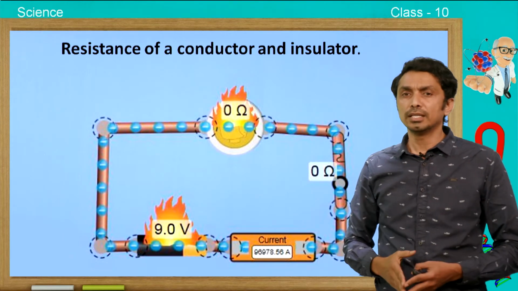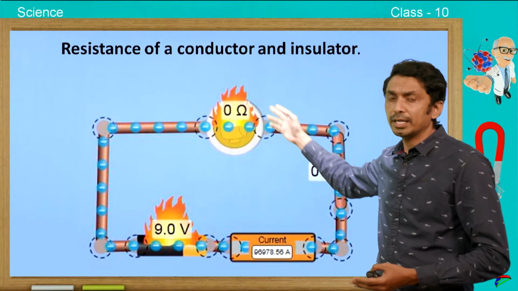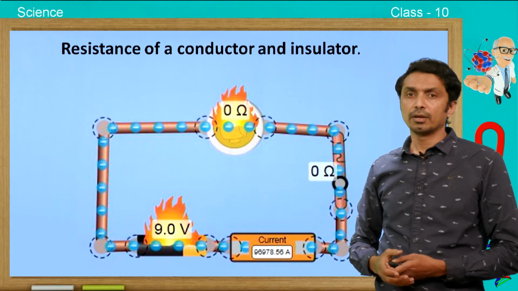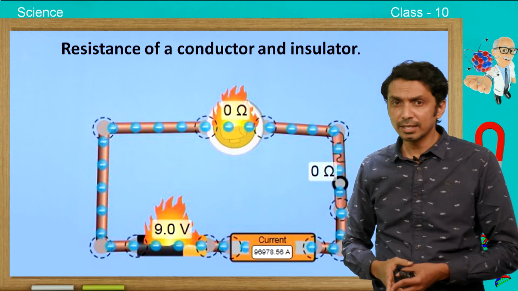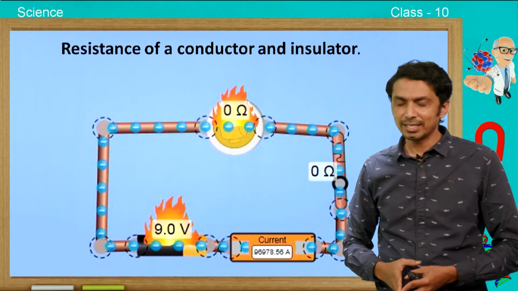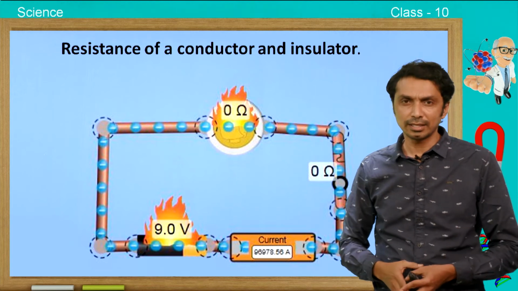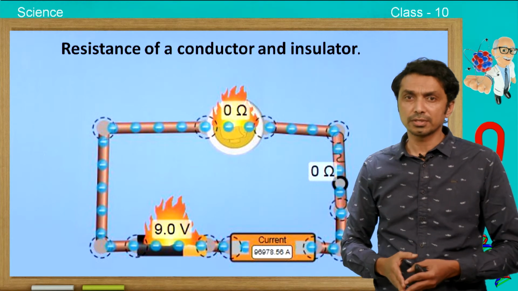We observe that charges or electrons flow when there is one type of specific material. What do we call these type of materials where charges flow very easily? Yes, you are right. You answered it correctly. It is a conductor. That means it conducts charges or electrons or electric current.